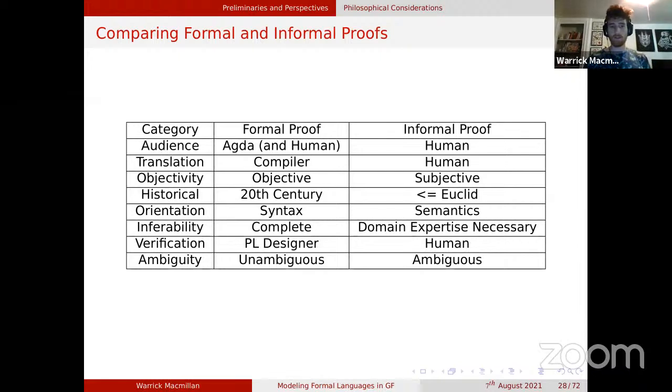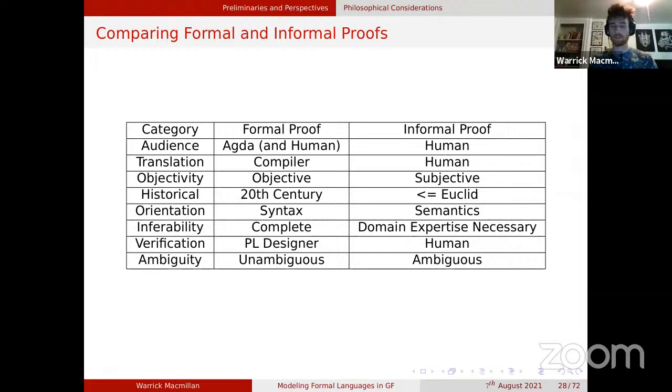Formal proofs give you an inference algorithm. Informal proofs, you need domain expertise in order to infer meaning sometimes, so not just anyone can read any paper. But any computer with Agda on it should be able to interpret an Agda program that I write. The verification is done by the programming language designer, by designing the programming language in the interactive theorem provers, whereas humans have to do peer-reviewed verification.